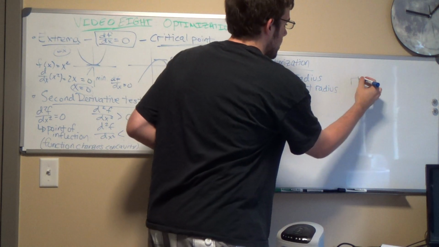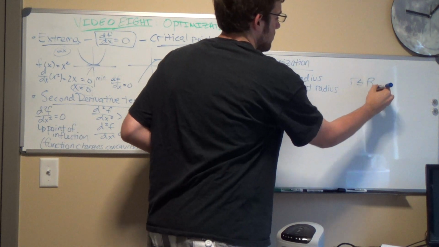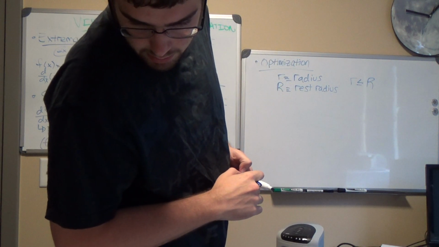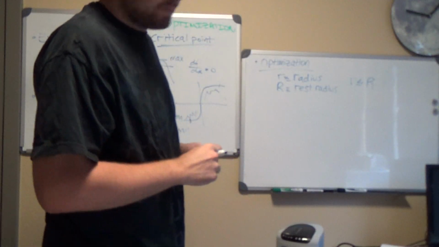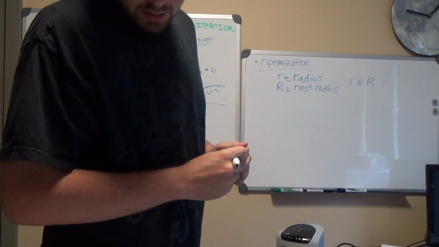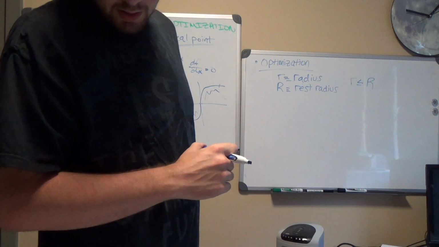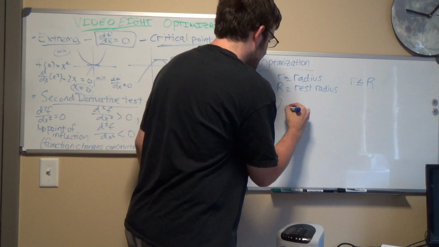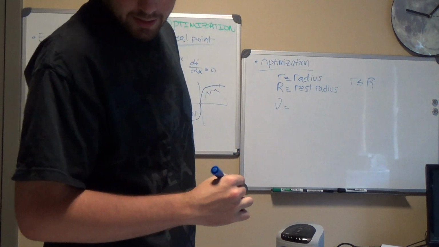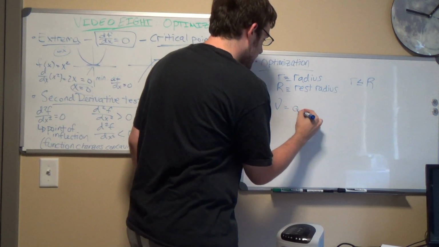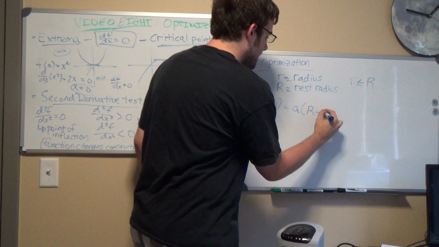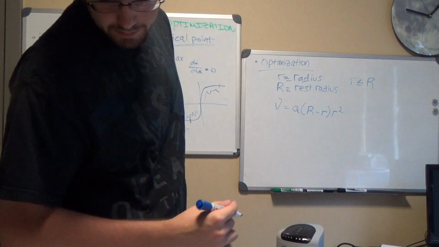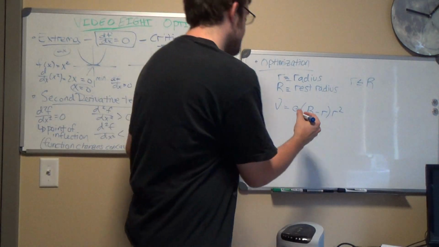And little r is less than or equal to big R. Then the speed, v, is given by a times R minus r times r squared, where a is a positive constant.